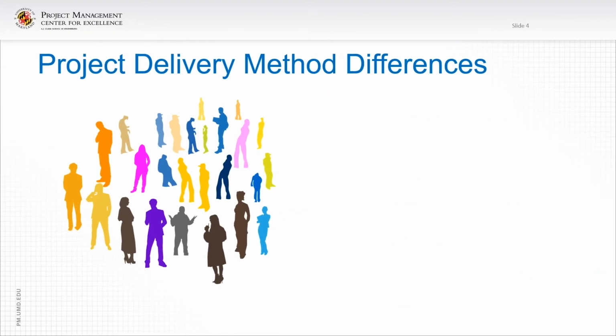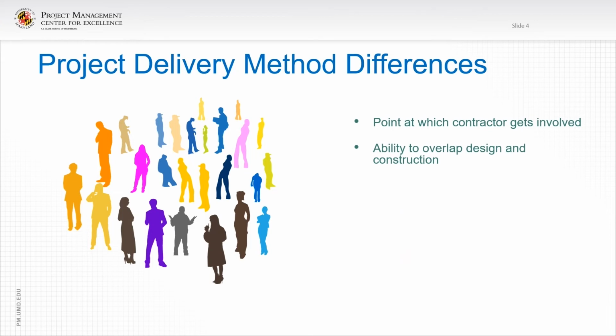Project delivery method differences. At the point which the contractor gets involved is a big difference. The ability to overlap design and construction is critical and adds to the owner's advantage in getting the construction manager involved early.